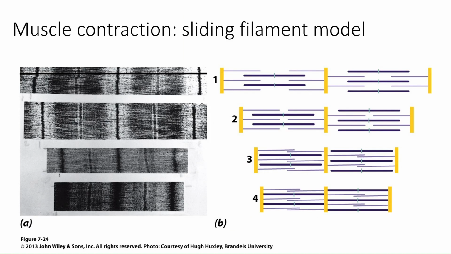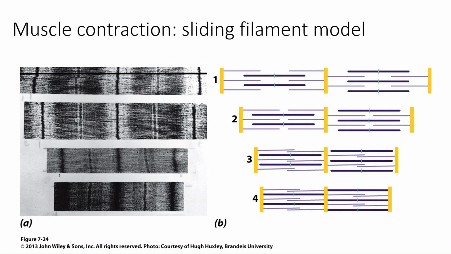So let's talk about this sliding filament model in a little bit more detail. At the top here, where we see number 1, we have the elongated sarcomere, where the actin, the thin filaments, are pulled apart relative to the thick filaments that connect between them, the myosin.